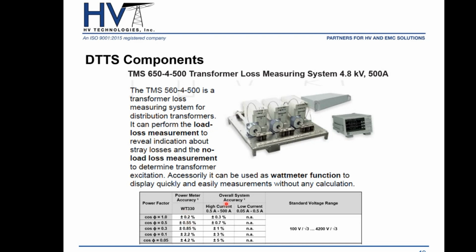As you can see here, we have two different watt meters that can be offered with the standard WT330, with which we can achieve the following accuracies. So we have very high accuracy. For example, at a power factor of 0.05, we can achieve almost 4. We have 4.2 at a power factor of 1. It's 0.2%. So it's a highly accurate and very precise loss measuring system.